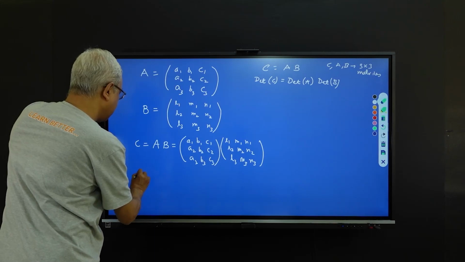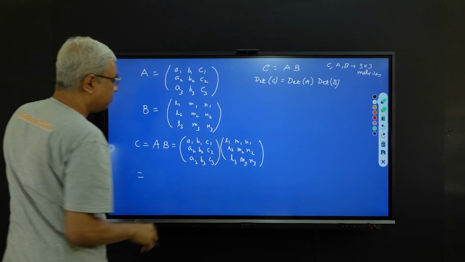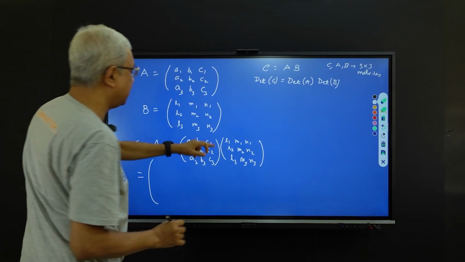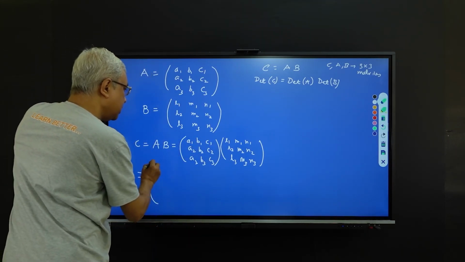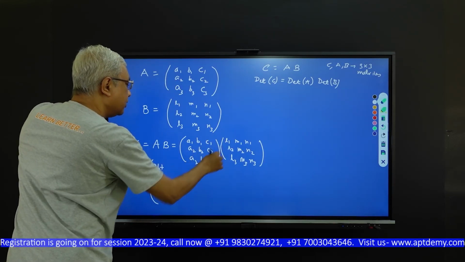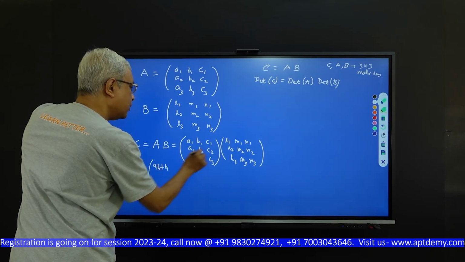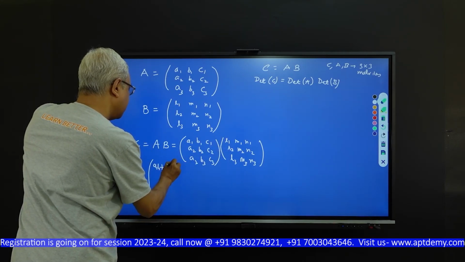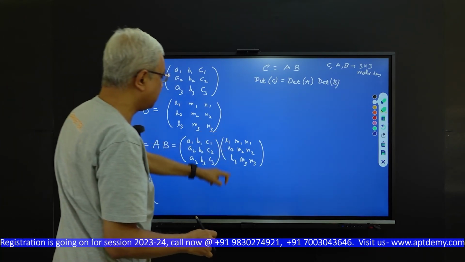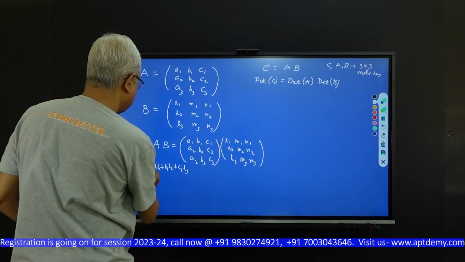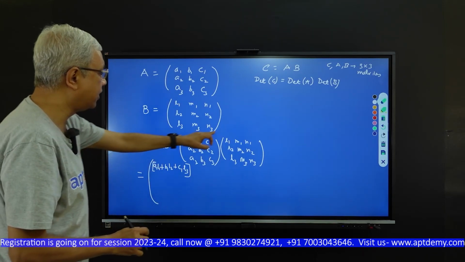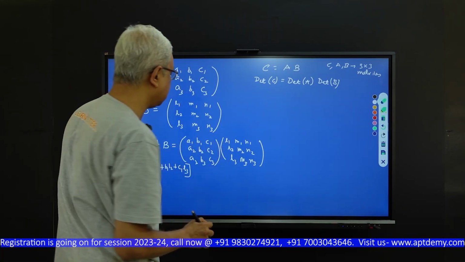So it is the row by column multiplication principle, you know. So the first row, first element of the matrix C will be A1 L1 plus B1 L2 plus C1 L3. First row multiplied by first column.